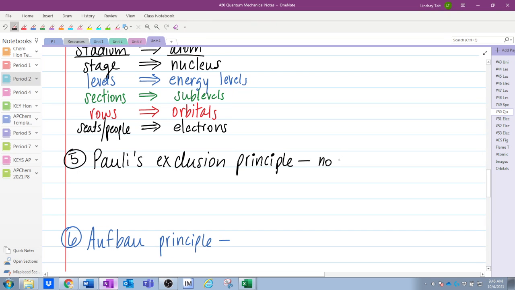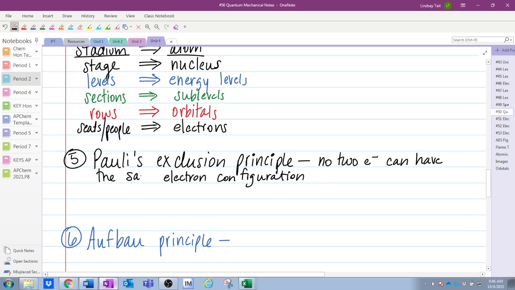We say that no two electrons can have the same electron configuration. And again, the same electron configuration would be like the same ticket to the stadium.